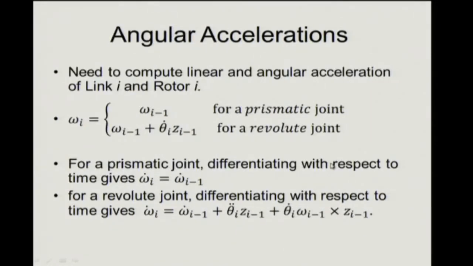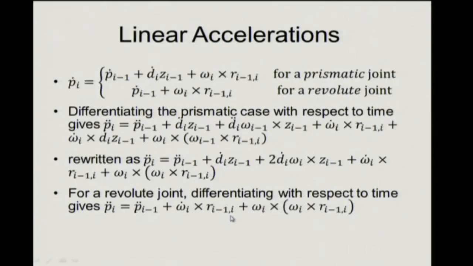So, on the previous page you have to do this first, and then you can do the linear accelerations. For a revolute joint, you can correspondingly obtain these terms. For the revolute joint, you will not get the 2 omega cross v rel term because there is no sliding relative velocity, so that is absent. So, finally you have all these expressions, and that should pretty much put you in place.